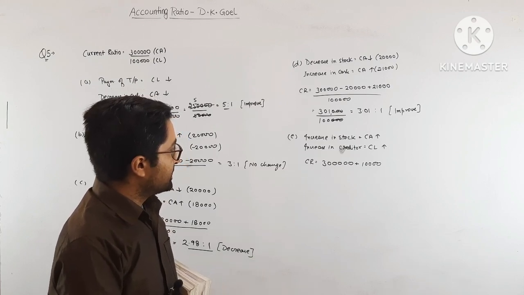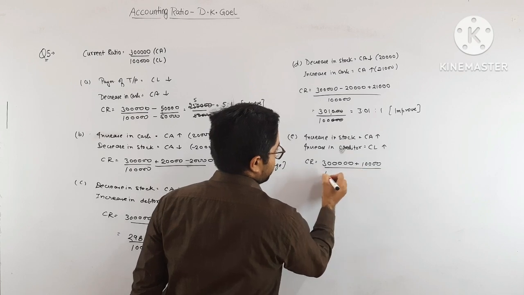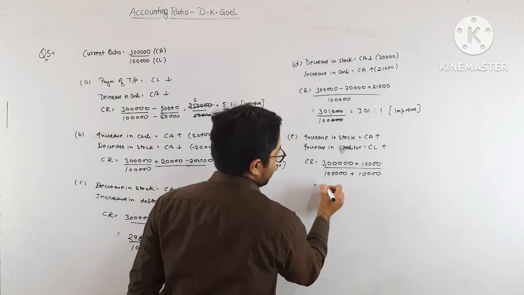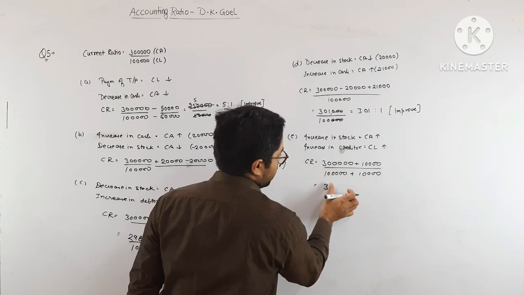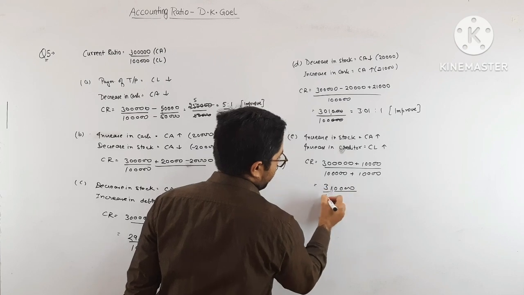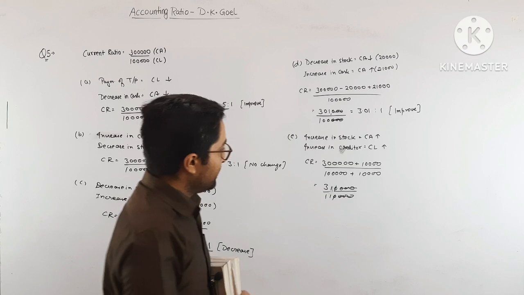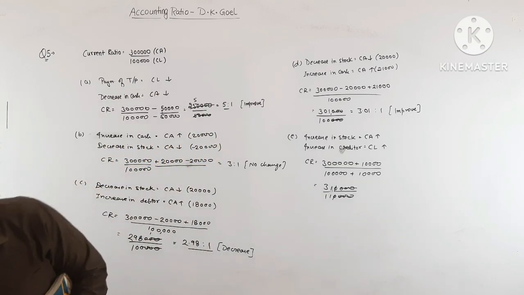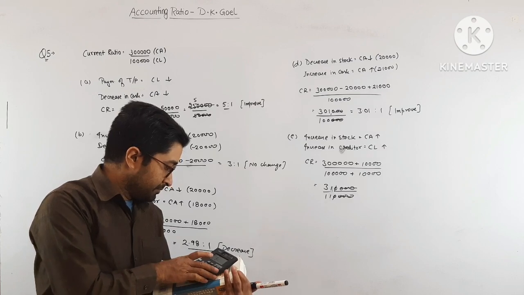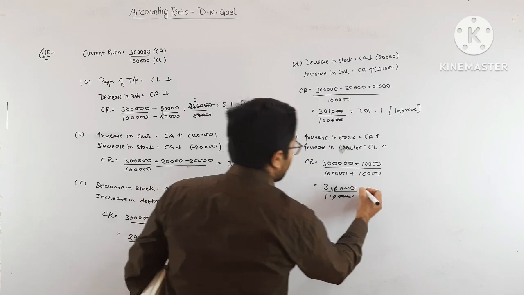The purchase amount is 10,000 upon 1 lakh plus 10,000. 3,10,000 upon 1,10,000. 31/11, which is 2.8. 2.8:1.